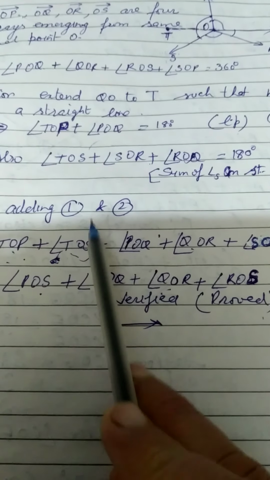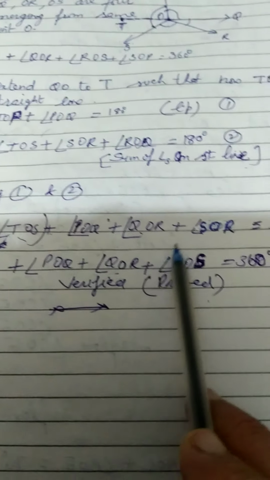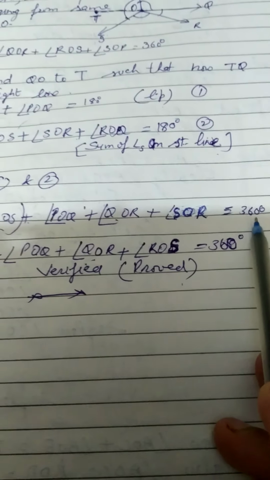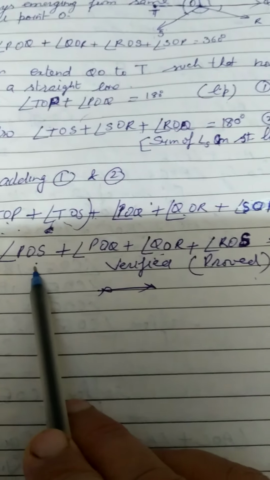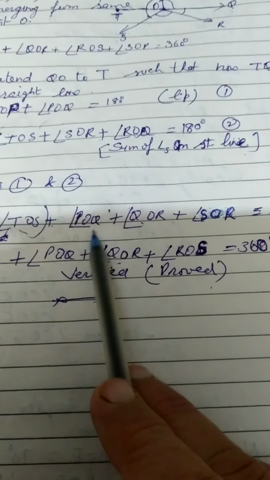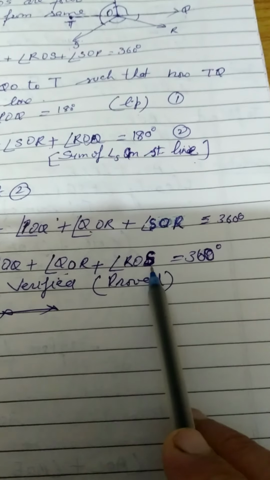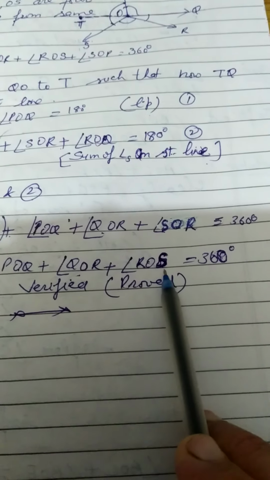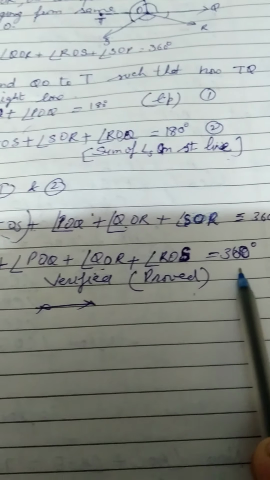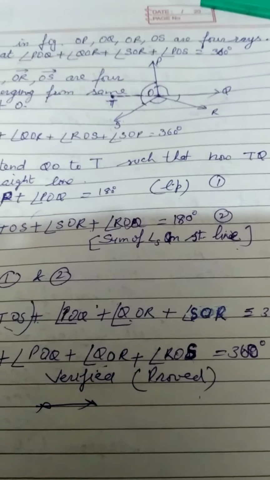TOP plus TOS we have taken in bracket. The rest of the angles we have written as they were. From here we get angle POS plus angle POQ plus angle QOR plus angle SOR or ROS, same thing, is equal to 360. And this question is proved.